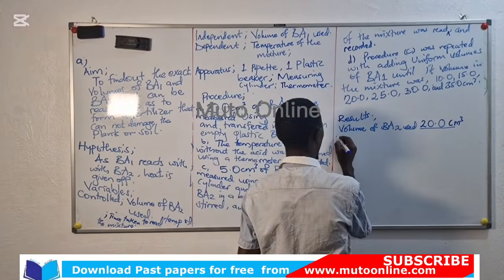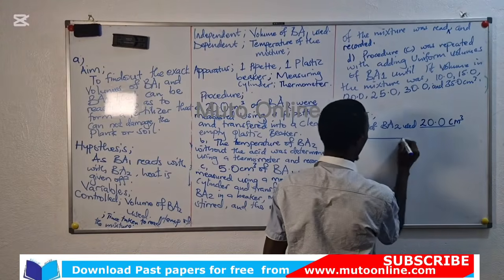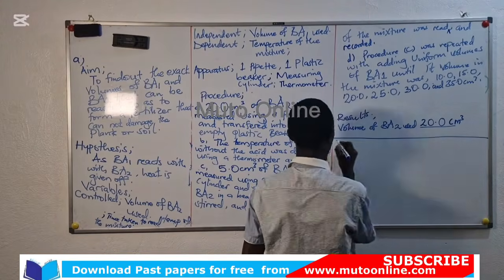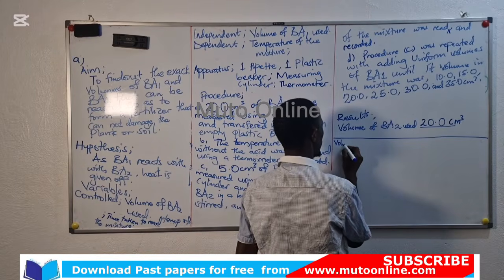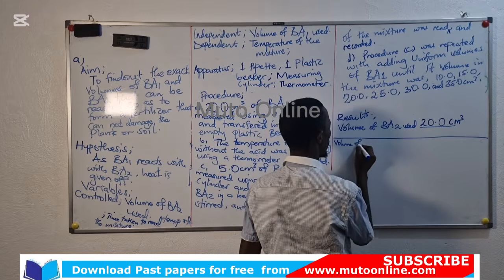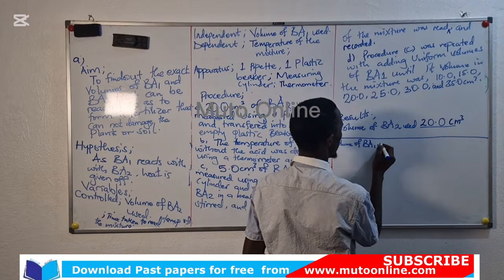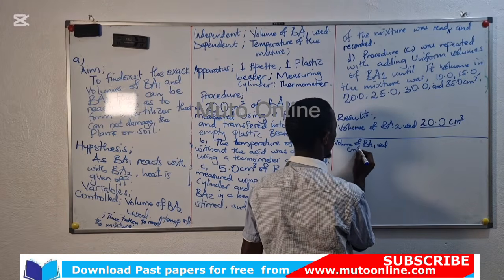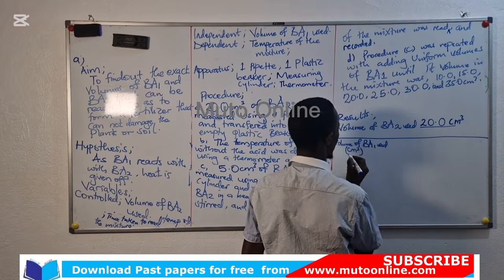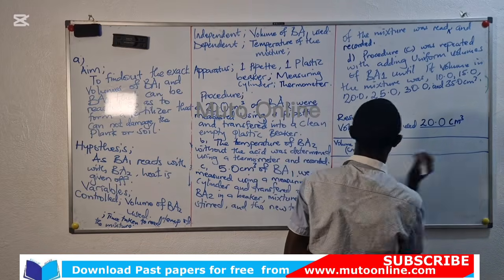So next, I will have a table. A table that will include the volume of BA1 used. And remember, volume is recorded in cubic. We are going to use a measuring cylinder. So I will record my values in cubic centimeters.